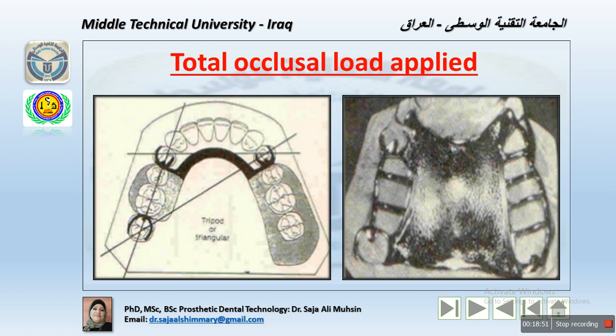Coming from all these factors related to the support of distal extension, we should keep in mind that all these factors differ from case to case, whether for maxillary or mandibular restoration.